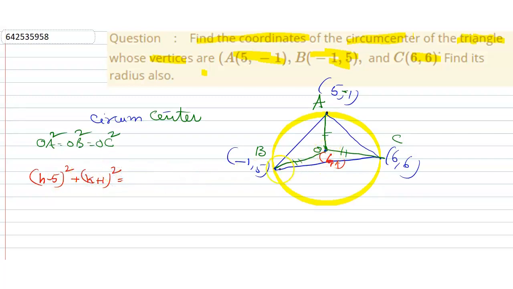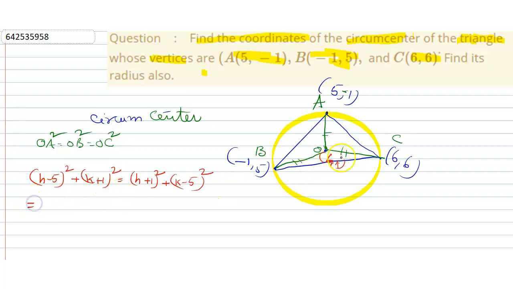This should be equal to (h minus of minus 1, that is h plus 1) whole square plus (k minus 5) whole square. So OA square equals OB square.